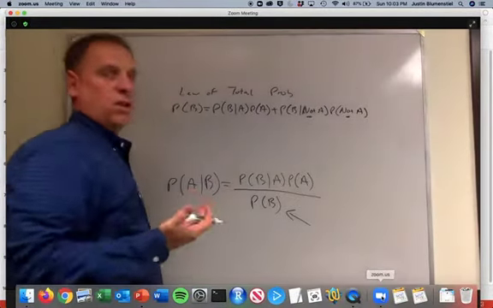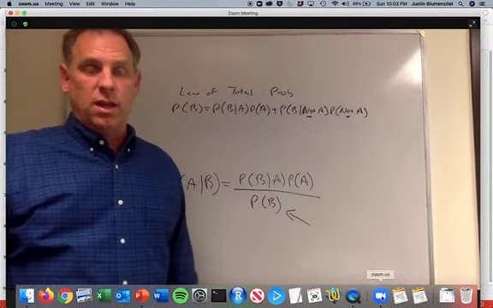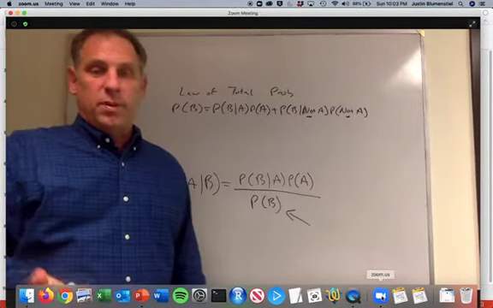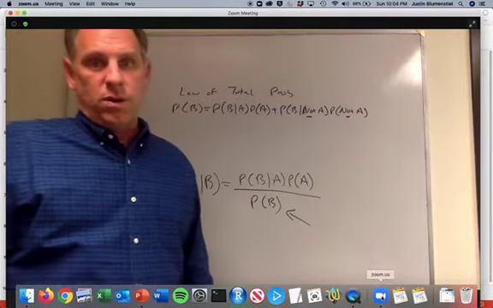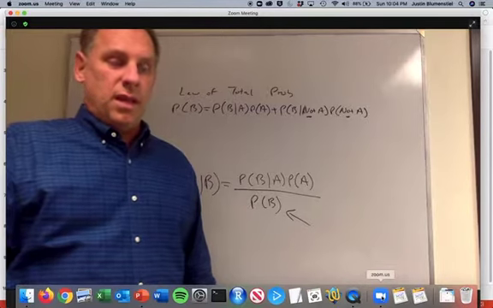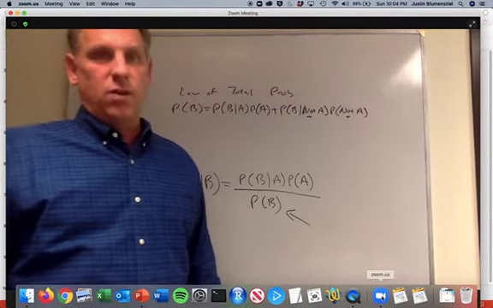Going back to the example, the probability of getting lung cancer is the probability that you get lung cancer given that you're a smoker times the probability that you're a smoker, plus the probability that you get lung cancer given that you're not a smoker times the probability that you're not a smoker.